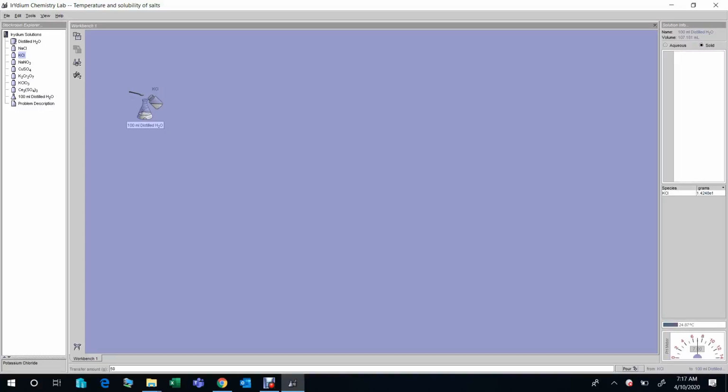See, it's 24.88 Celsius degrees, the temperature of the solution, and the potassium chloride in the solid container is still decreasing. The amount is still decreasing slowly. Okay, we see 24.97.